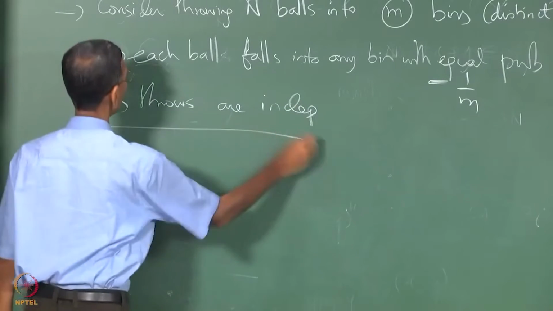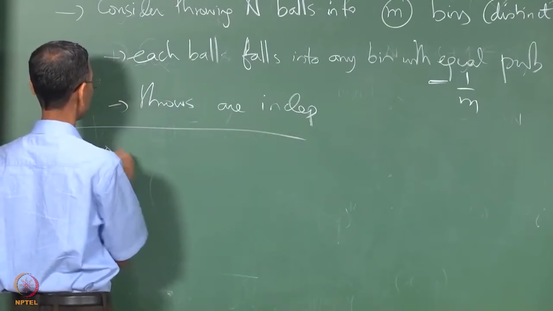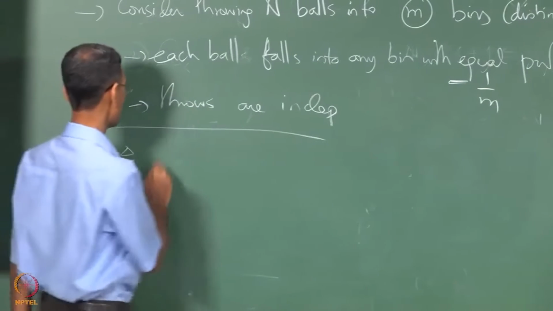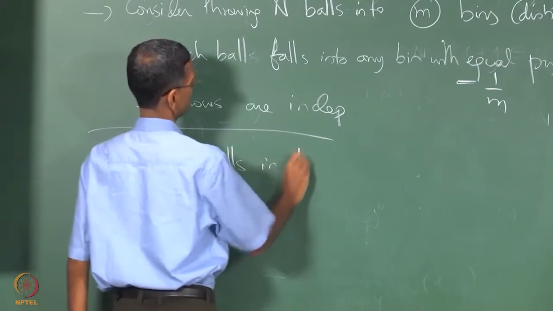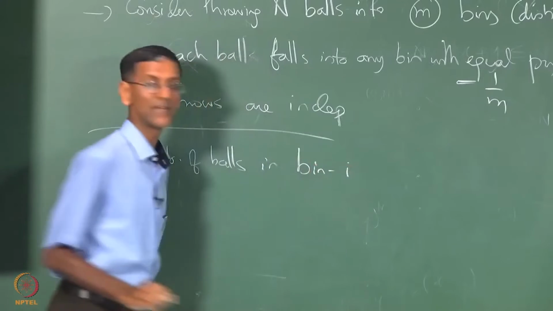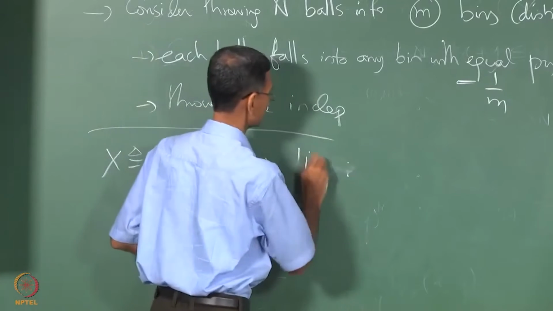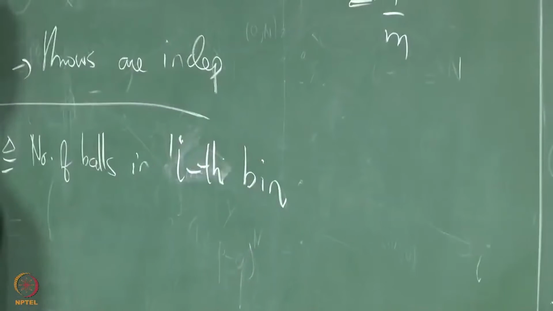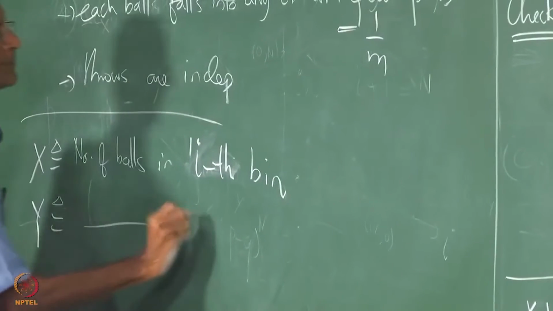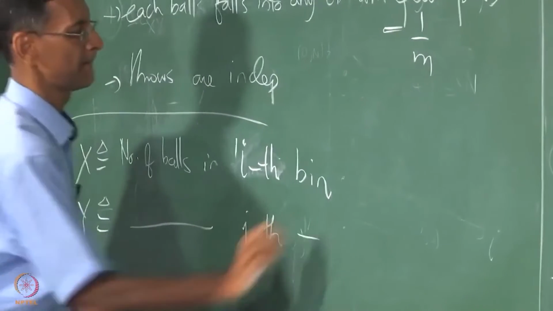So how do I define X? X, for example, by definition is the number of balls in some bin I, the ith bin, and Y the jth bin.